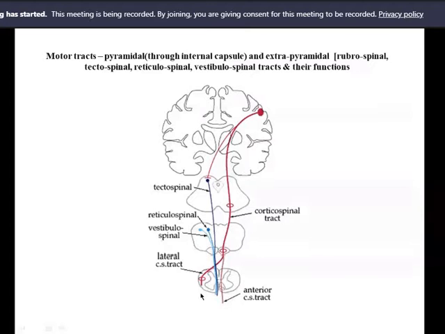Motor means motion or volition. So motor tract is connected to the skeletal muscle, so that we can do some very precise work, maybe writing, maybe drawing, maybe threading a needle, etc. The main motor tract is the pyramidal tract for skillful movement, right?